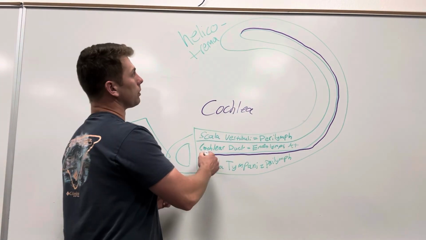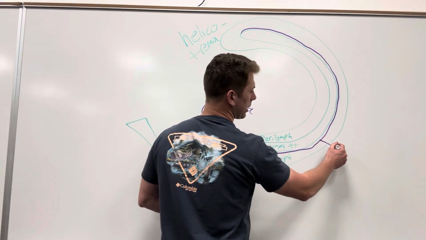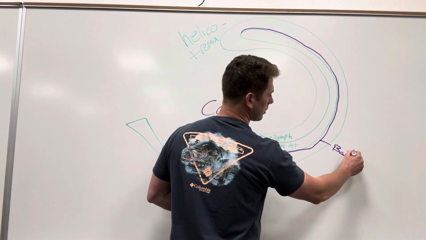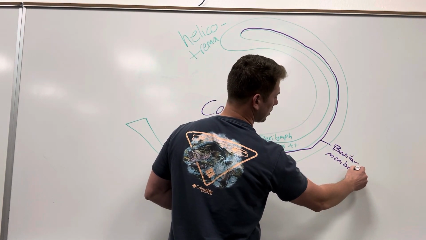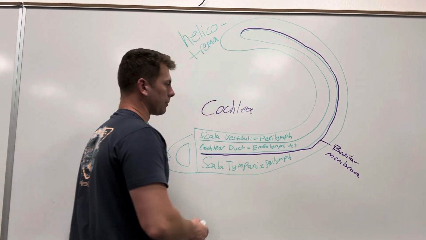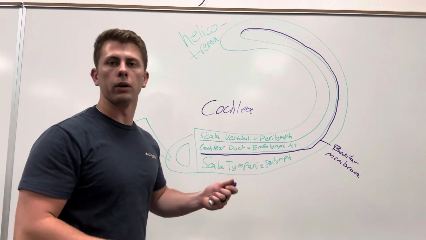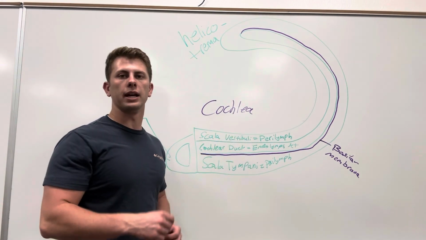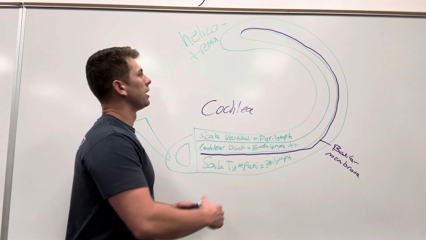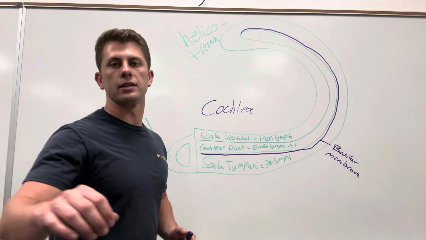So in purple we have this basilar membrane. And inside the basilar membrane, there's actually an organ that will help us convert these mechanical signals into electrical signals. And so I'm gonna pause it and erase all this and go into how.